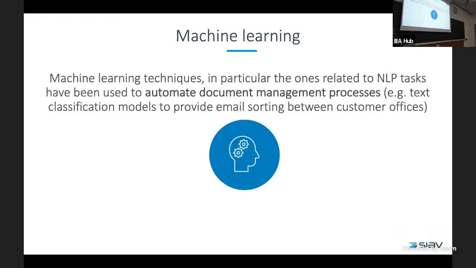Even big companies have one single mailbox, and people manually read those emails and sort them to many different offices based on the content of the messages. We can use machine learning, like a text classification model, to automate this action, and so optimize and have a more efficient process.